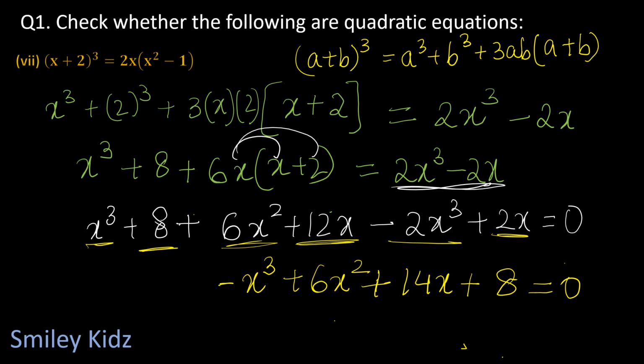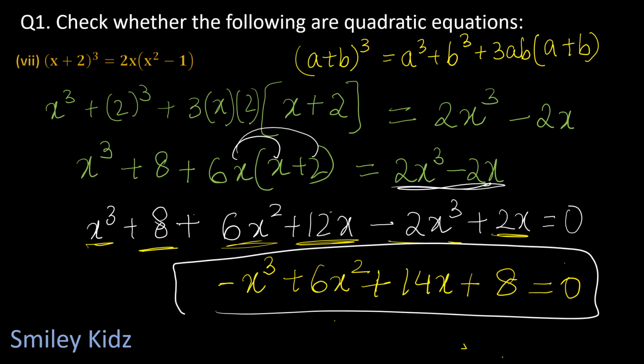Well, have a look at this equation. Does it seem to be like a quadratic equation? No, it is a cubic equation because its highest power is 3, or the degree of a cubic polynomial or a cubic equation turns out to be 3. So the given equation is a cubic equation and not a quadratic equation.